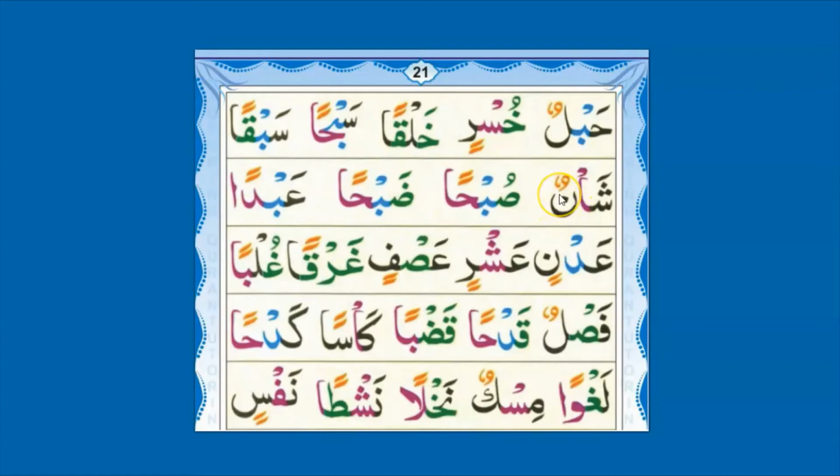Now here is a rule we have also studied: when there is a double jazm, double sakin, it will be converted to the mad. Shan. All right.